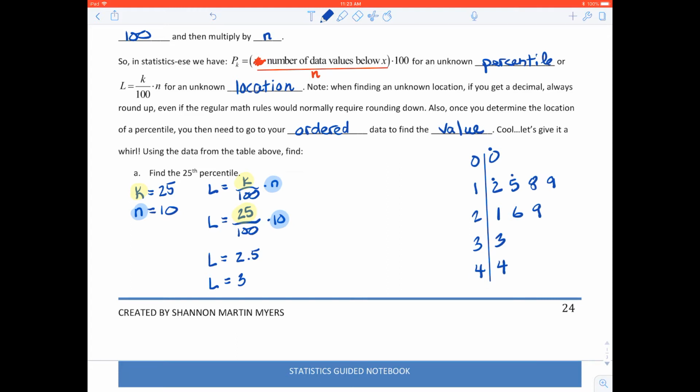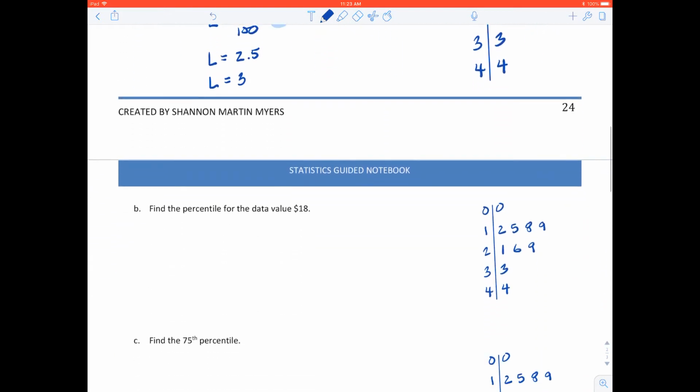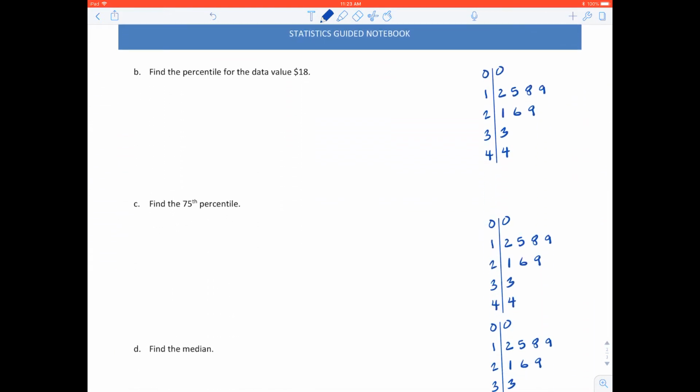So the 15 is the one that is in the position where the 15 represents the 25th percentile. So P25 is equal to 15. Good so far? Awesome.